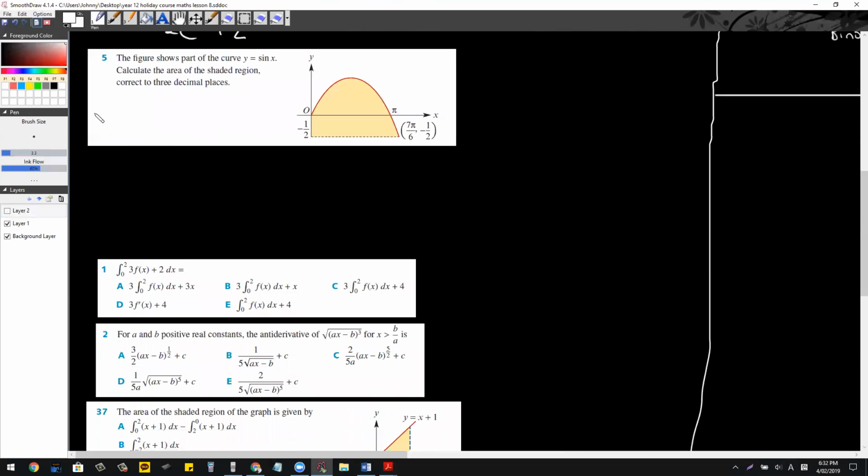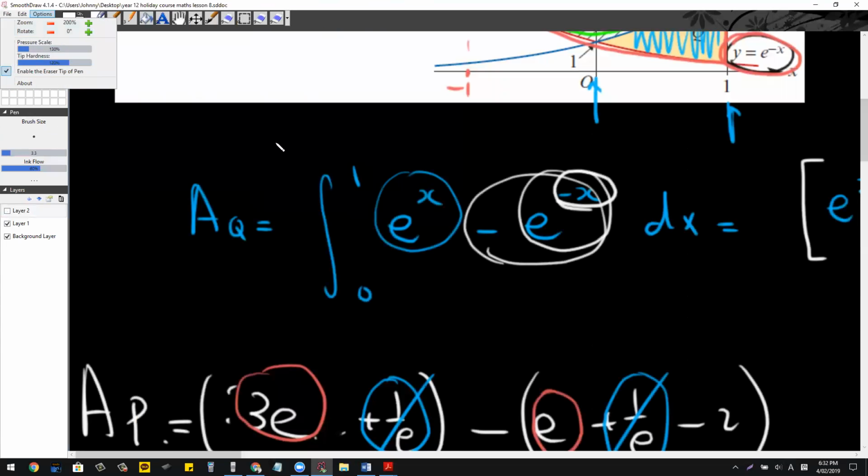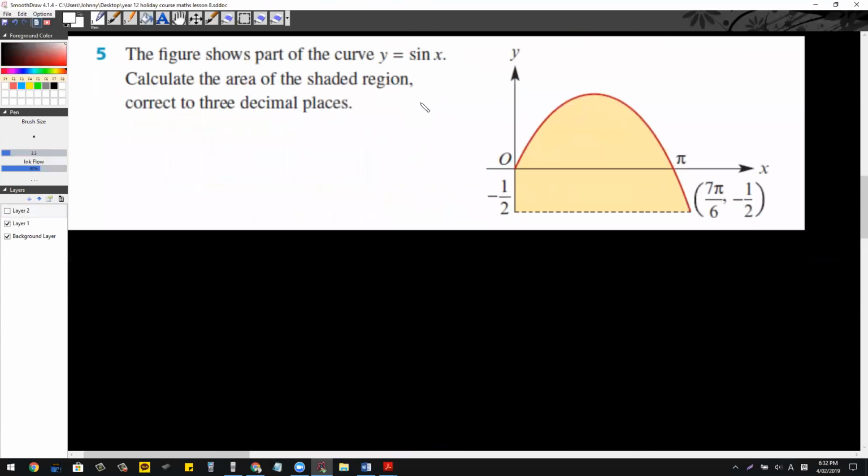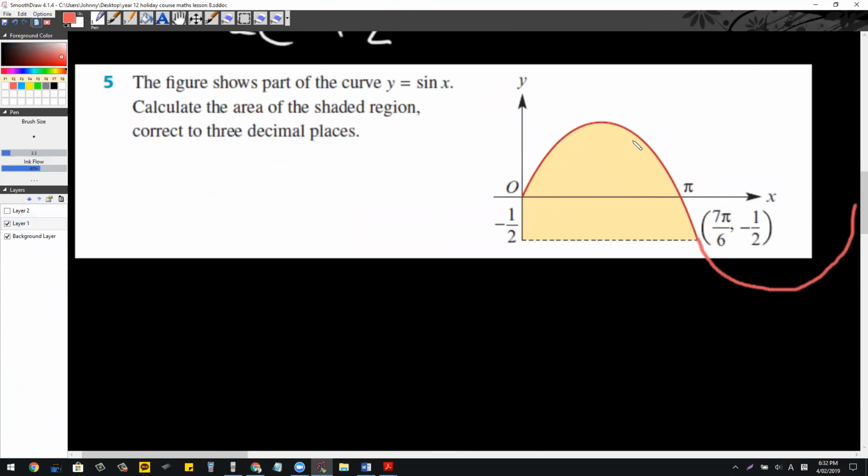Next. Okay, so this one here, the figure shows part of the curve sine x. So sine x looks like this, and continues sort of like that. So that's the sine curve, and we want to figure out this area.